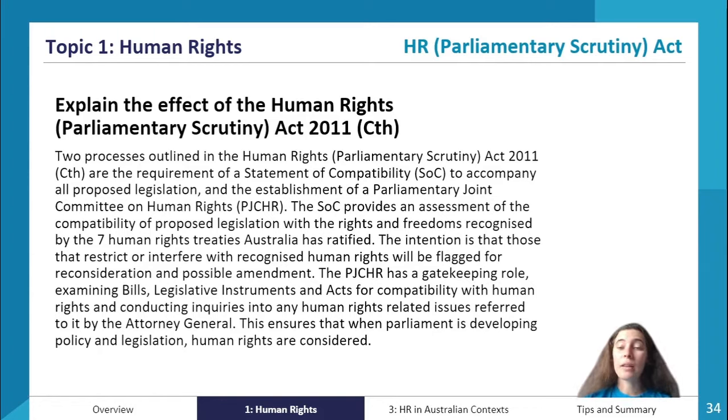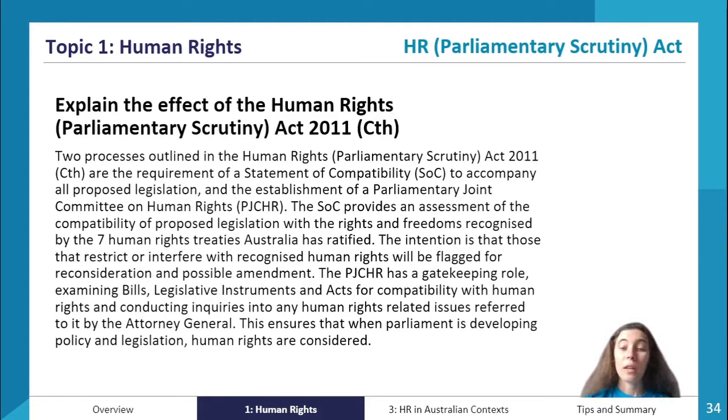The intention behind this is that those that restrict or interfere with the human rights recognized in those other treaties will be flagged for reconsideration and possibly amendment as well. So again, this is that idea of compatibility of things that already exist needing to align with anything that is being proposed to be introduced. You can't just introduce everything without considering what's already there.